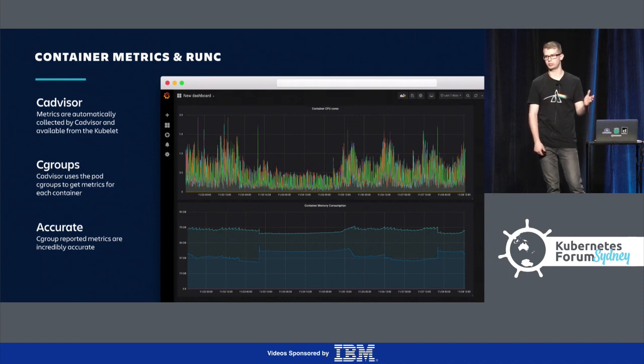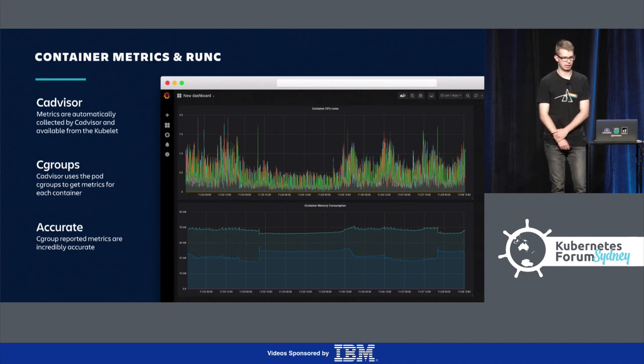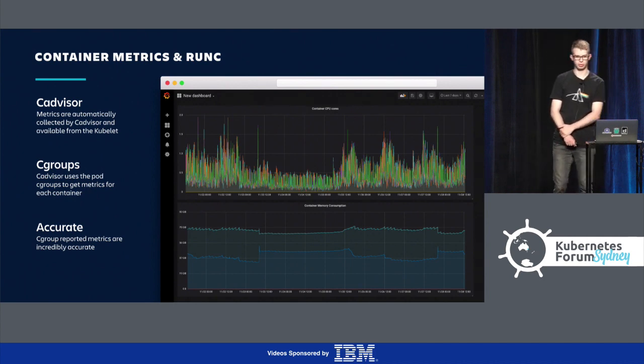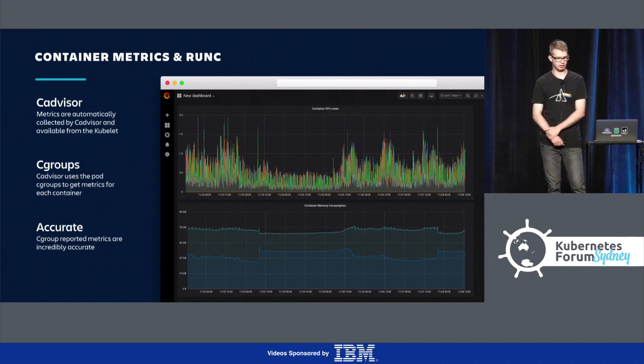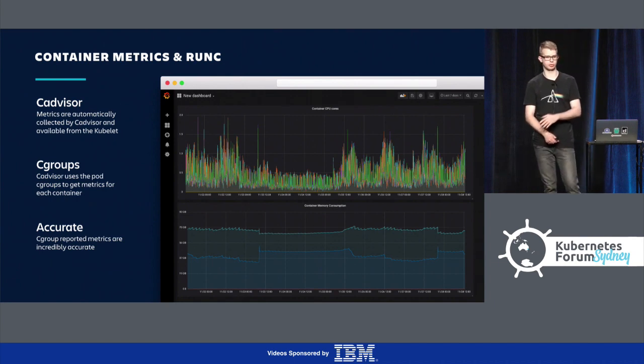The kubelet gets these metrics from cAdvisor, which in turn scrapes the cgroups for the pods and containers on the host side for the actual metric values. Cgroups are utilized to control the resources for containers, such as CPU, memory, and network. As a result of being used to control the resources, they have very accurate and reliable metrics on the consumption of those resources.